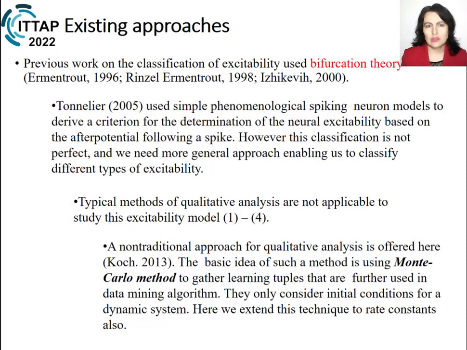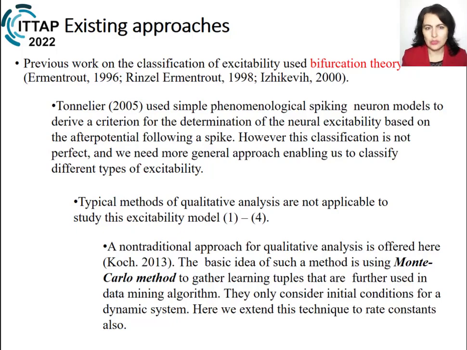Previous work on the classification of excitability used bifurcation theory. Tonnelier used a simple phenomenological spiking neuron model to derive a criterion for the determination of neural excitability based on the after-potential following a spike.